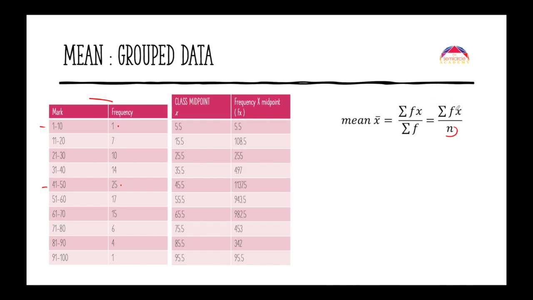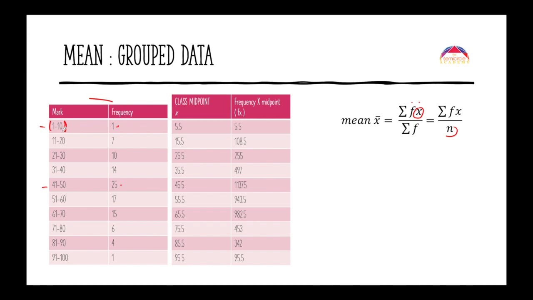So we can see that not much has changed, but the problem is this mark, because if we look to multiply the frequency by the mark, let's try it. The frequency 1 multiplied by what? I have an interval here between 1 and 10. So what am I going to do in this case?